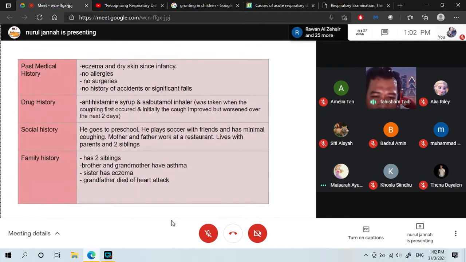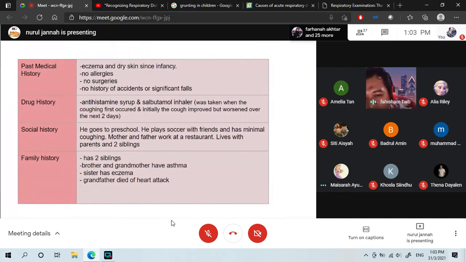Okay, drug history. Can I ask about the drug history too? You said already. When was he started on this drug, the salbutamol inhaler? Actually, the salbutamol inhaler is from his brother, because his brother was also an asthmatic patient. Okay, how was it administered? You didn't tell me how.